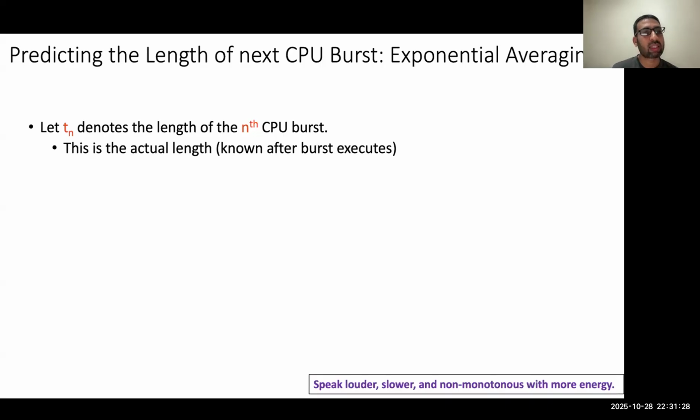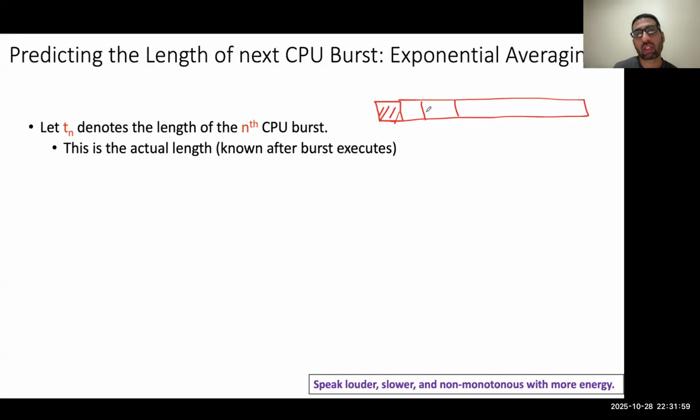So, for example, let's say we denote the length of the nth CPU burst of a process. When we say nth CPU burst, remember we said that the lifetime of a process consists of different interleavings of CPU bursts and IO bursts. So let's say here you have a CPU burst, and then this empty block indicates an IO burst.